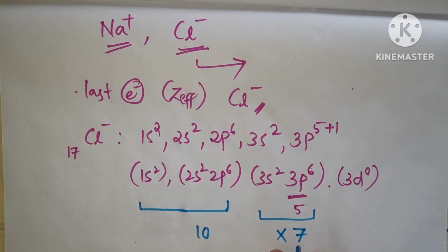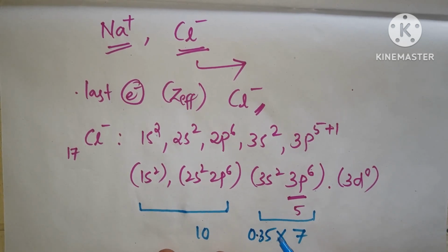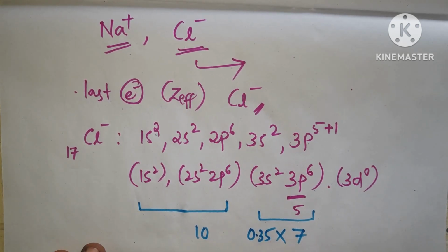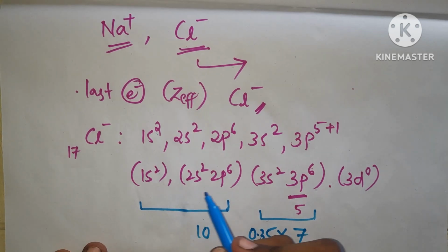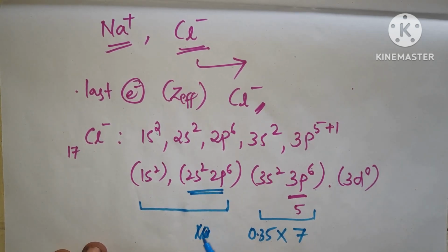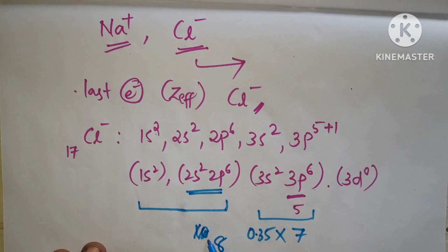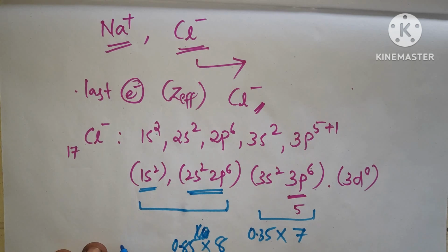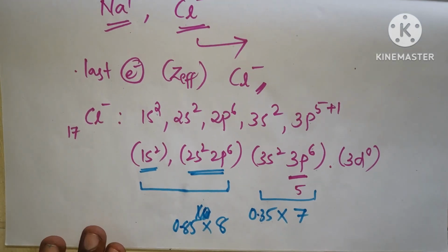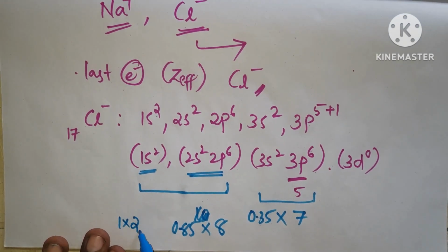So the 7 electrons contribute 0.35, and the next n minus 1, that is 6 plus 2, 8 electrons, will be giving 0.85 value, and the innermost electrons at 1s2 will be giving complete shielding effect, that is 1 into 2.